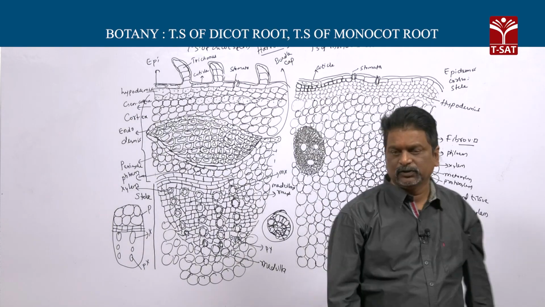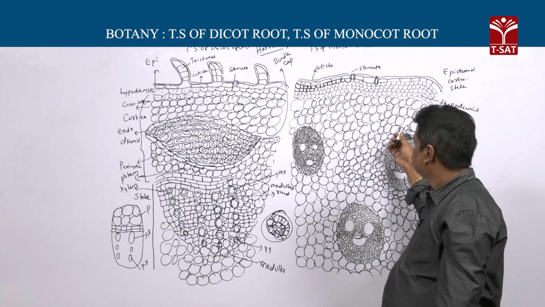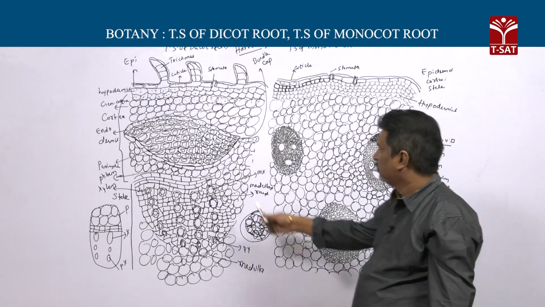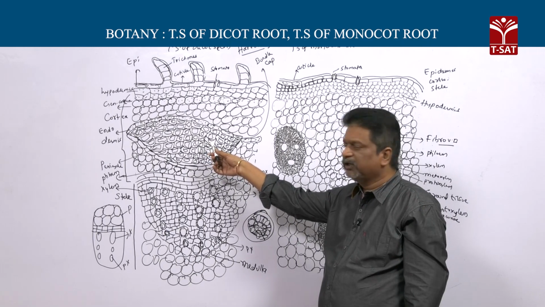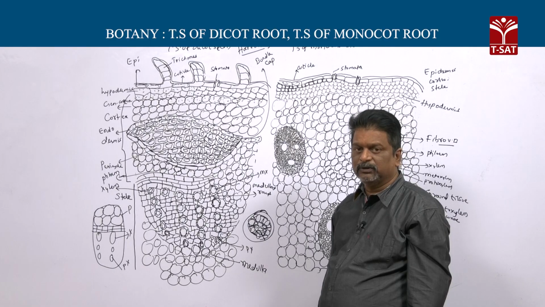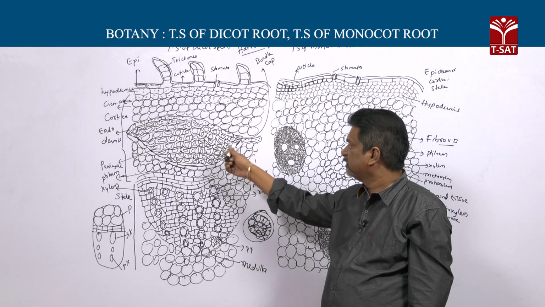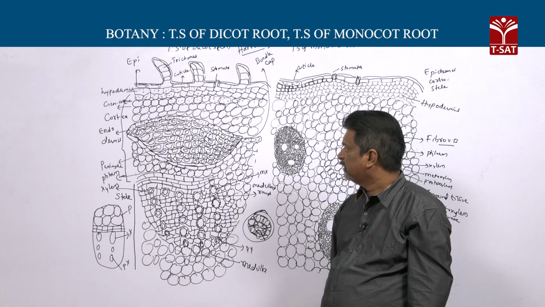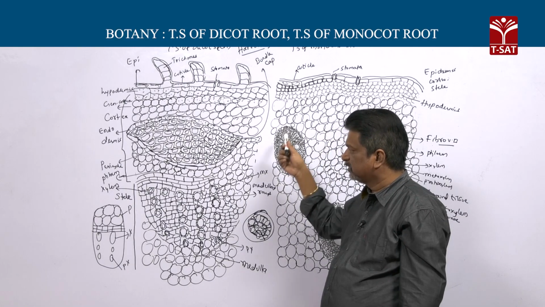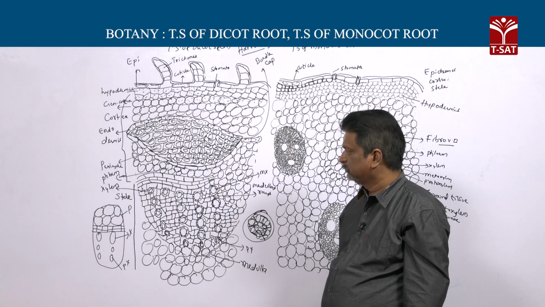Monocot stem, starch sheath or endodermis is absent. In dicot stem, pericycle is multilayered, sclerenchymatous, but in sunflower, along with sclerenchyma, it contains parenchyma. In monocot stem, pericycle is absent.